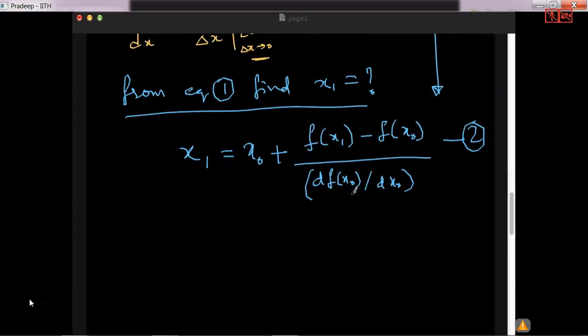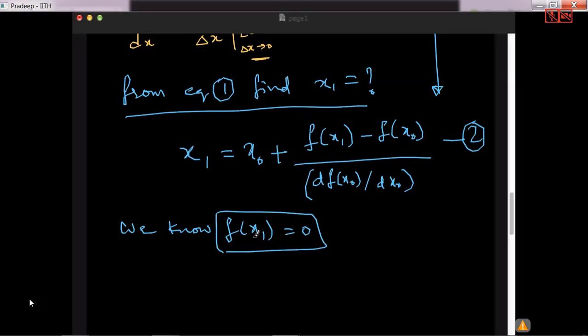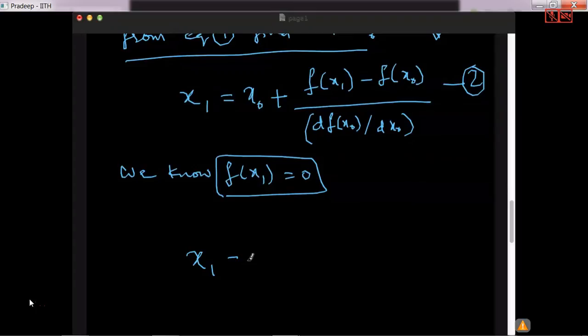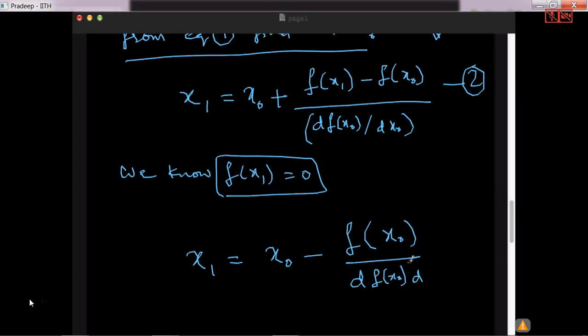Now in this we know f of x1 should be 0, because this is my definition of the actual solution. Where it intersects, there is a solution. So this term is 0. So I further simplify: x1 is nothing but x0 minus f of x0 divided by d f of x0 by dx0. This is nothing but the Newton-Raphson method.